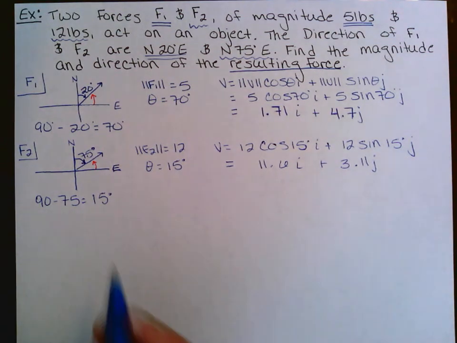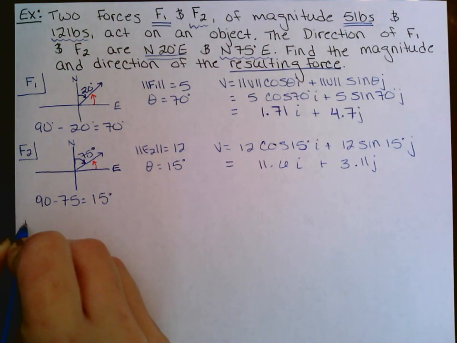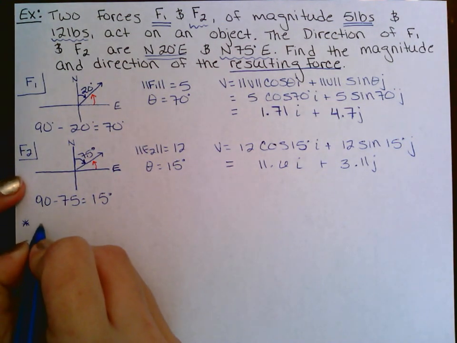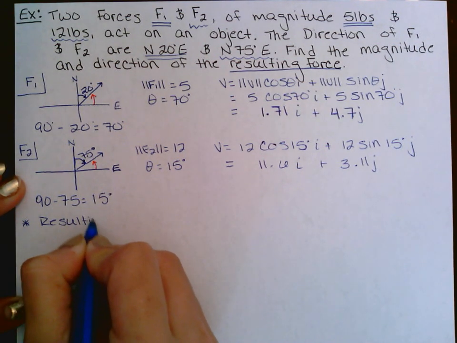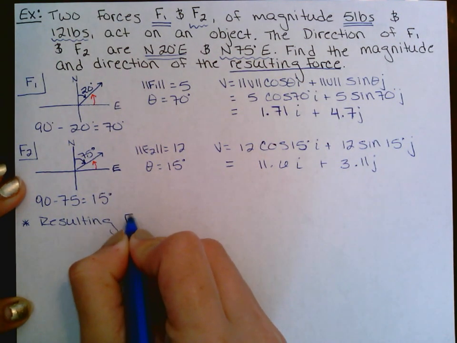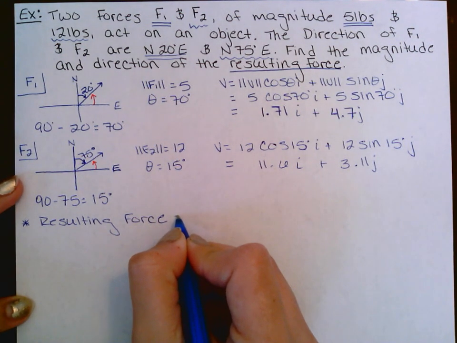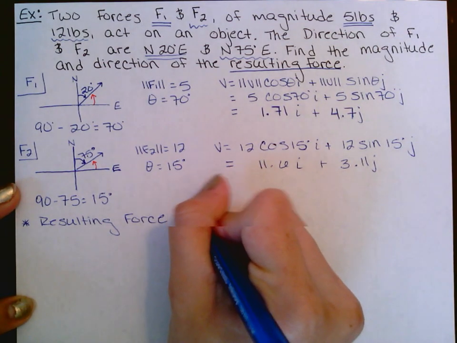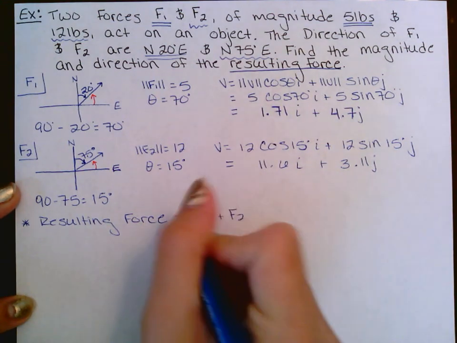Now for the next part, the resulting force. So let's make a little side note. We found force 1 and we found force 2. So for my resulting force, same as resulting vector, I'm just going to add my two vectors together. So I'm going to say F1 plus F2.